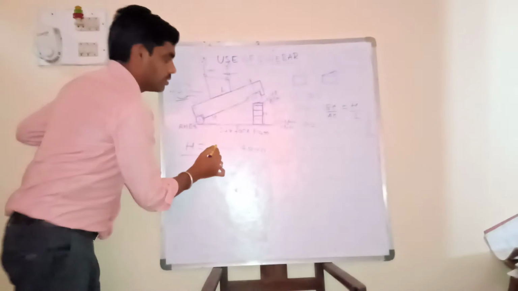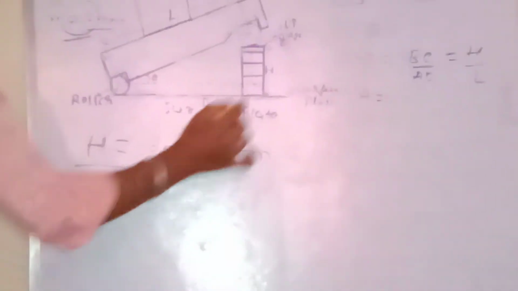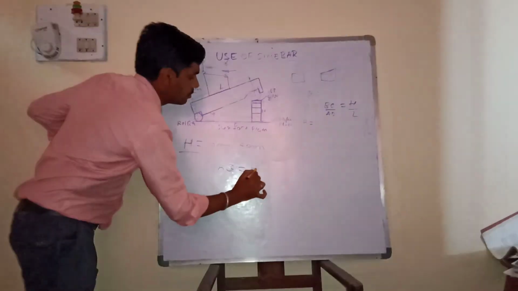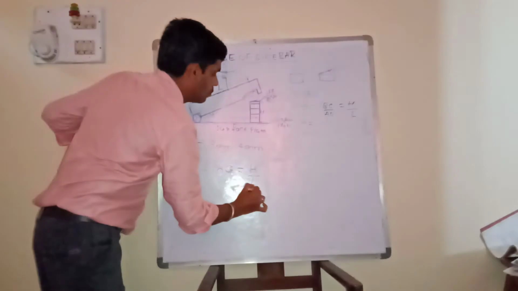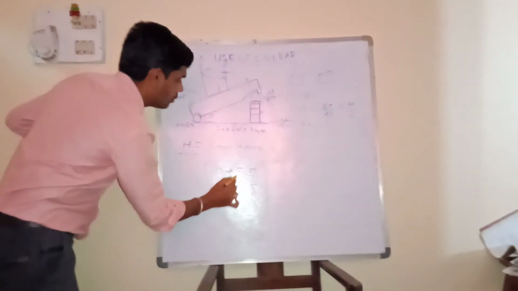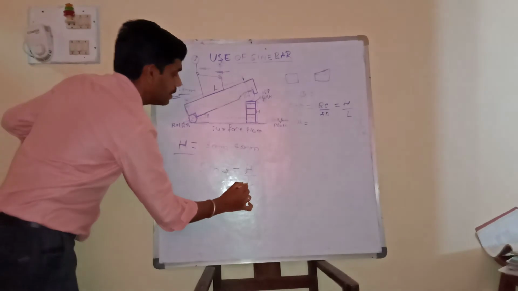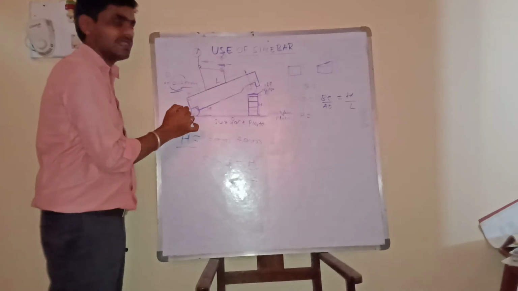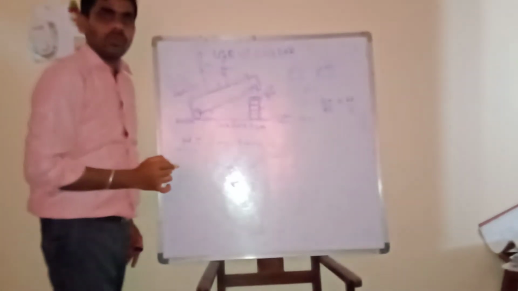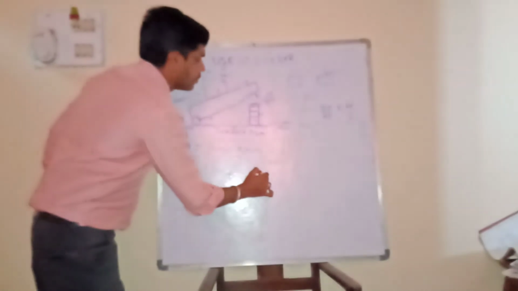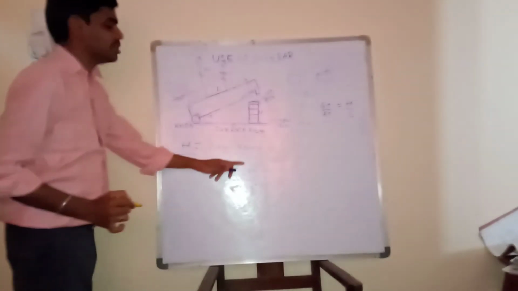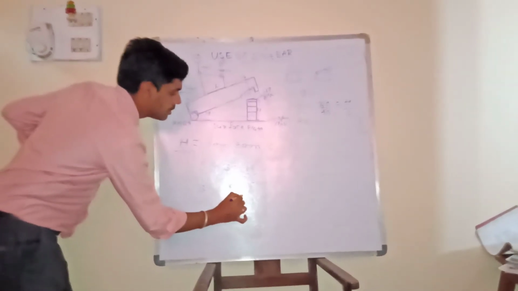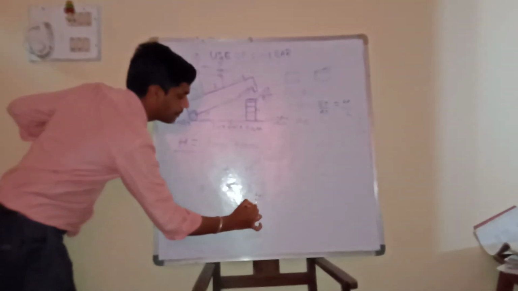We substitute the h value in sine theta equal to h by L, where L is constant or fixed, depending on the type of sine bar, the center distance between the two rollers. Substituting the h and L values, we find theta with the help of sine inverse of h by L.